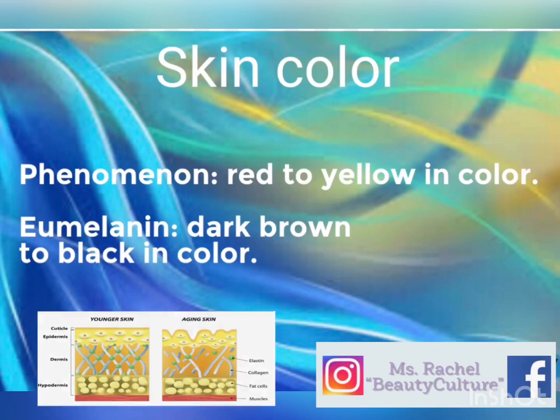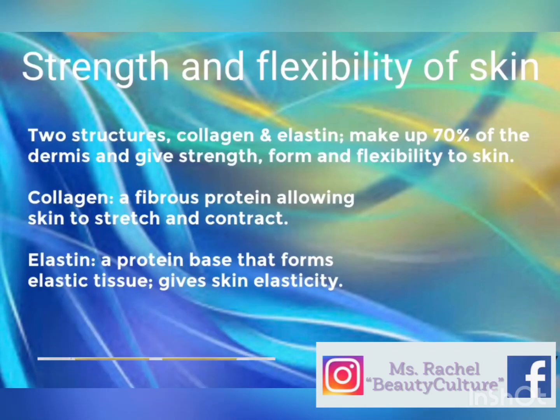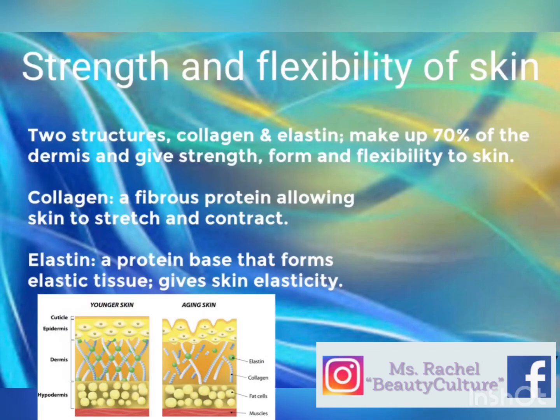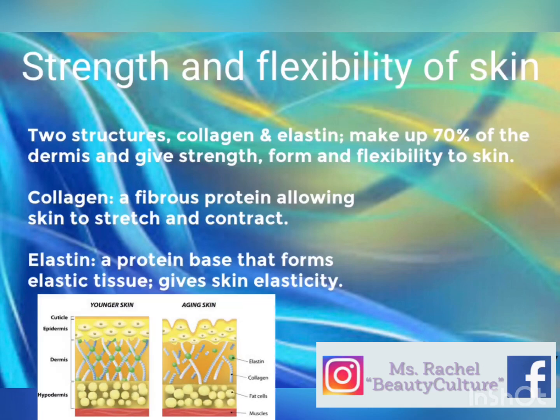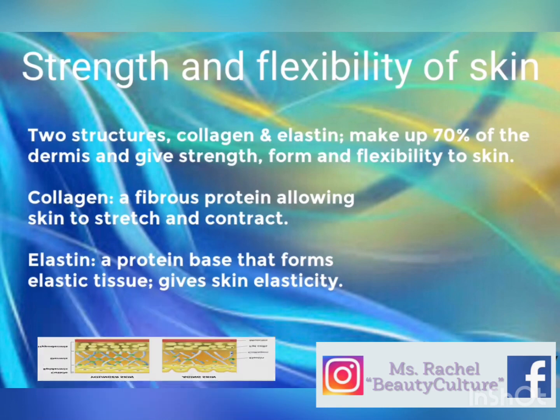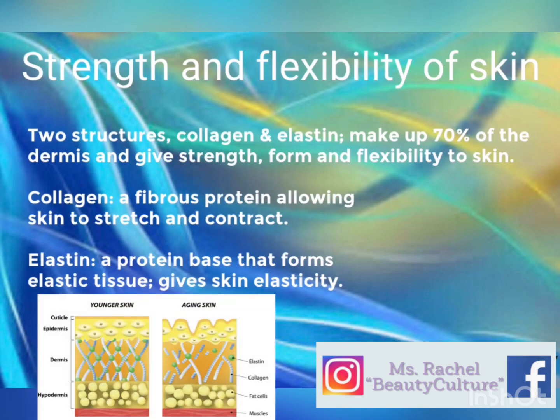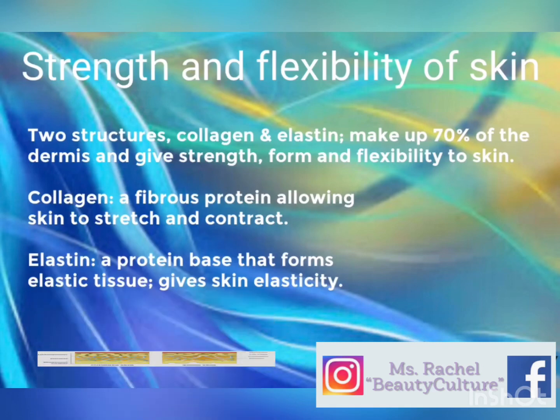Strength and flexibility of the skin. Two structures, collagen and elastin, make up 70% of the dermis and give strength, form, and flexibility to the skin. Collagen, a fibrous protein, gives skin form and strength. Healthy collagen fibers allow skin to stretch and contract.